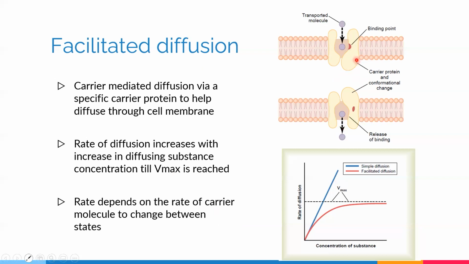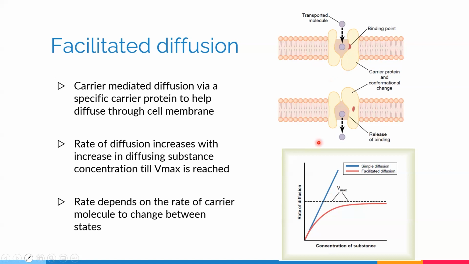So this rate at which the carrier protein can change from the binding to the release state and back to the binding state is what determines the rate of diffusion. So if majority of the carrier proteins are in the release state, they cannot bind to new molecules and allow their passage. And there is where the limit of the rate of diffusion occurs.